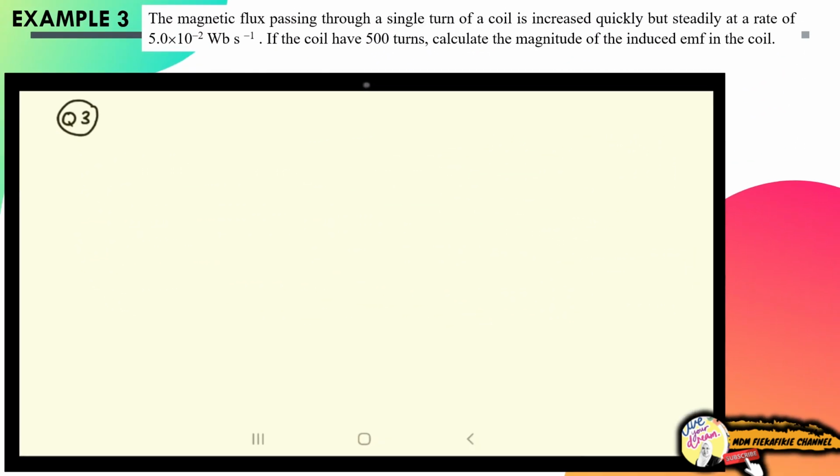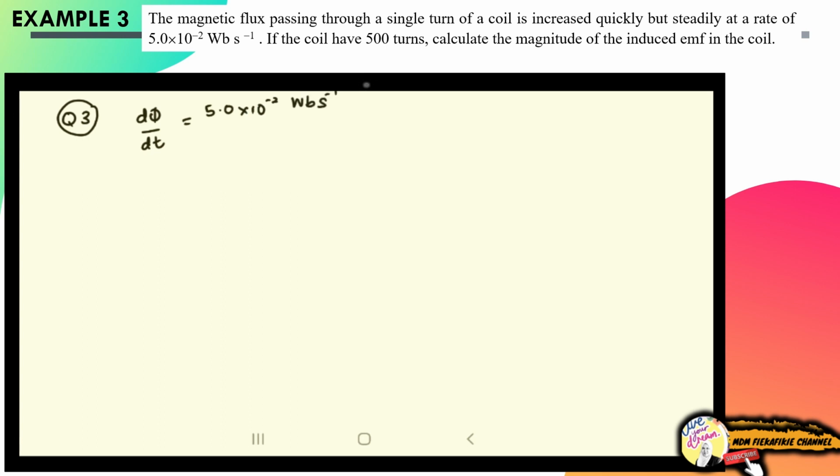Question number 3. We have a magnetic flux passing through a single turn of coil. It increases quickly but steadily at a rate of, so read carefully, 5.0 exponent negative 2 Weber per second. Looking at the unit, we know it's the rate of change of magnetic flux, d phi over dt, equal to 5.0 exponent negative 2 Weber per second.